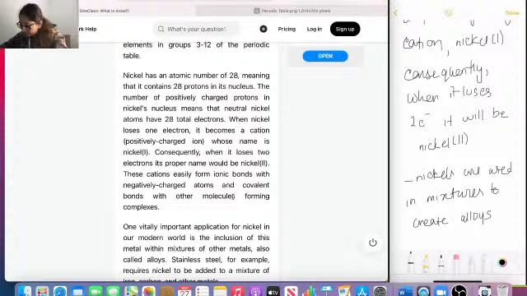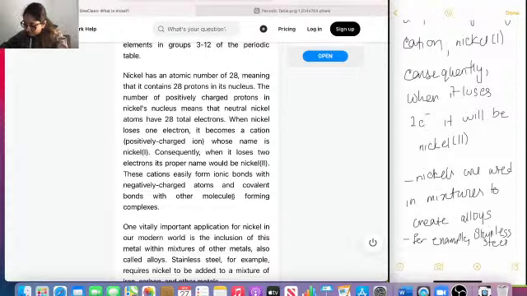For example, stainless steel requires nickel to be added to a mixture of iron, carbon, and other metals.